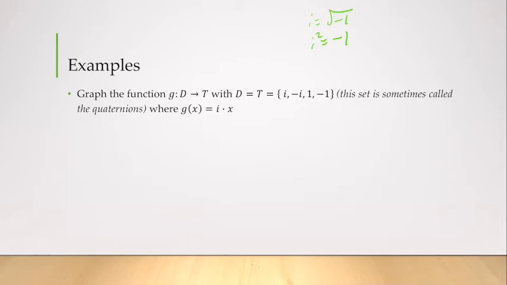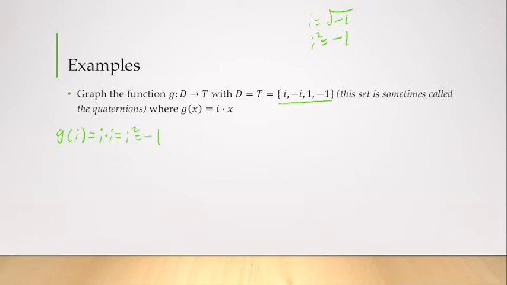So let's work through what this graph looks like. I'm going to do that by substituting the values of my domain into my function to figure out where they map to. So g of i equals i times i, which is i squared, which is -1. So i maps to -1.